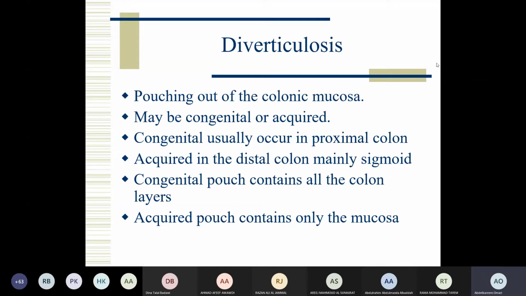When all the layers outpouch outside, the mucosa and the muscle. But in cases of false or acquired, which happens in the distal colon, mainly in the sigmoid, the mucosa only will outpouch outside. Okay, this is important for the MCQs. Congenital pouch contains all the colon layers, while the acquired contains only the mucosa.